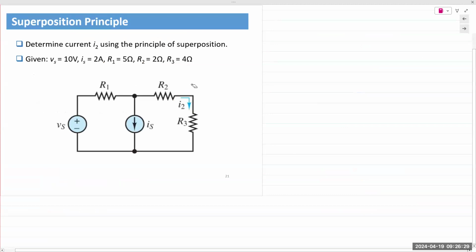Now, this is just one current, I2. It is not asking for the voltage across R1, R2, or R3. You have two sources in there: voltage source Vs with a value of 10 volts, and Is coming down with a value of 2 amps.